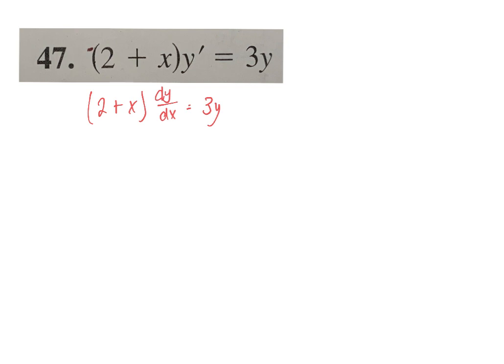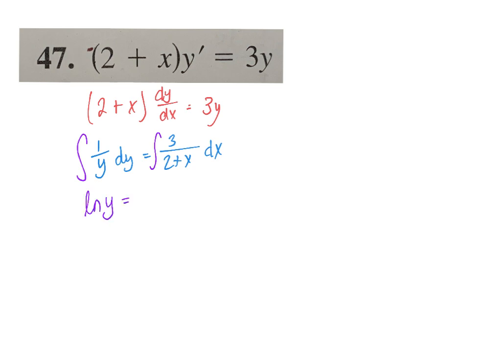So in this case, when you move this guy around, you would get 1 over y dy equals 3 over 2 plus x dx, something like that. And then you're just going to do your antiderivative now. So you're going to do this guy here. For this piece, this is just the natural log of y, right?